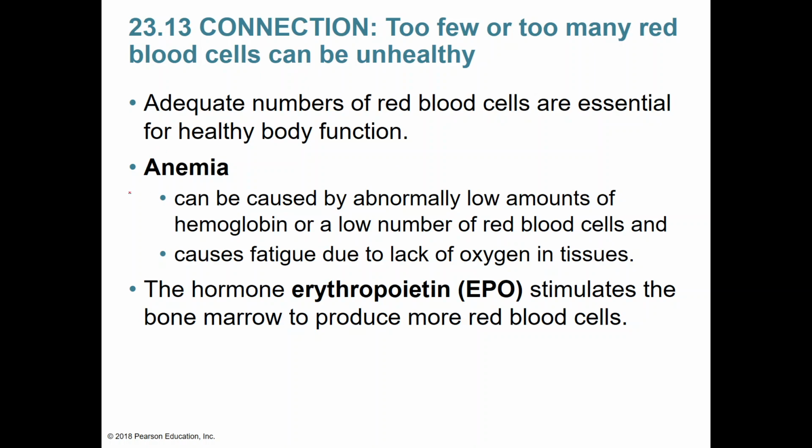If we don't have enough, we have this condition called anemia. And what happens with anemia, because red blood cells are the component of blood that deliver oxygen to our organs, this causes a lack of oxygen in our tissues and it can lead to serious fatigue and other types of lack of function.